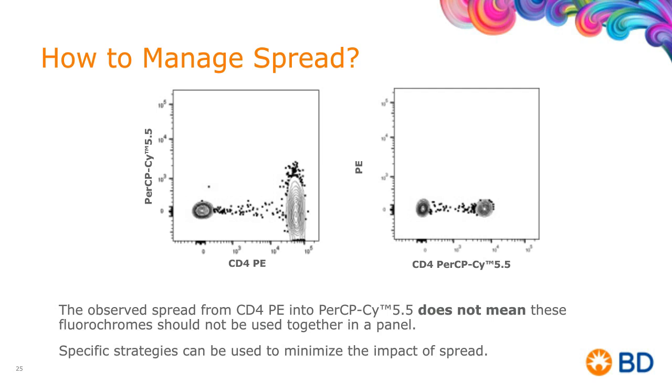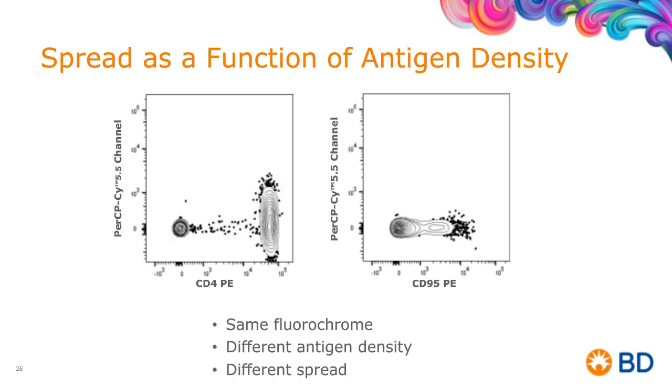As a function, though, of antigen density, it has lots of impact. So let's look at this one. Here's the same fluorochrome, CD4 or CD95, a vast difference in the numbers of receptors into the PerCP-Cy5.5 channel. And we see that spread is significant when you have thousands of receptors, but when we move to something like CD95, it works really well.